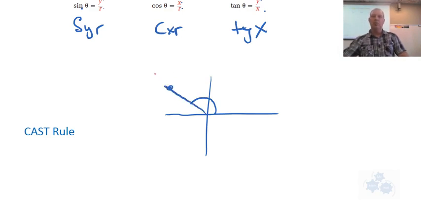Let's say this point is negative 4, 3, close to the other one, but it's negative 4, positive 3. So do you notice, this is very important, so listen up, guys, that this is negative 4, or 4 for a distance on the x, and this is 3 for a distance on the y. So this is related to this angle, not to this one.